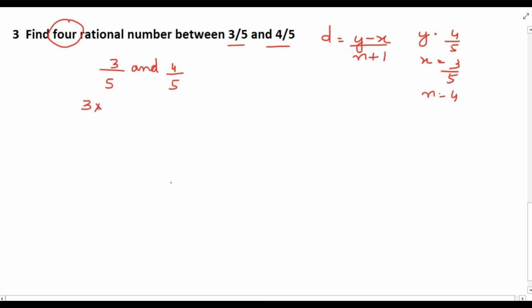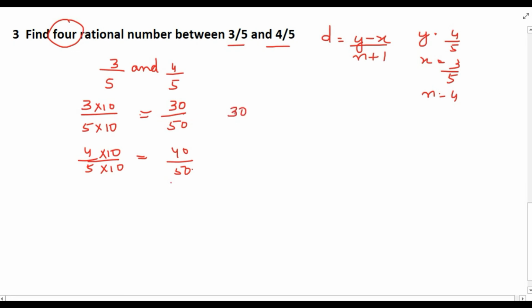You multiply the numerator and denominator with 10, for both the fractions. So I now get 30 by 50 and 40 by 50. Now 30 by 50 is the same as 3 by 5. Yesterday we saw that 3 by 5 is the simplified form of the rational number 30 by 50.